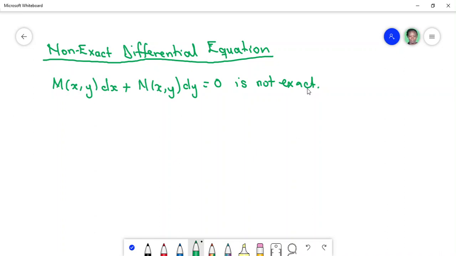If it is not exact, what I can do is make it exact. How do I make it exact? We could do that by multiplying the whole equation by an appropriate factor.